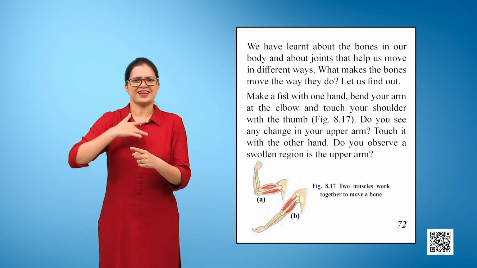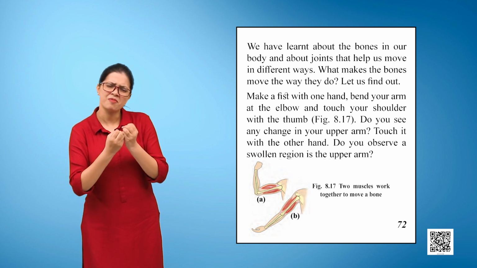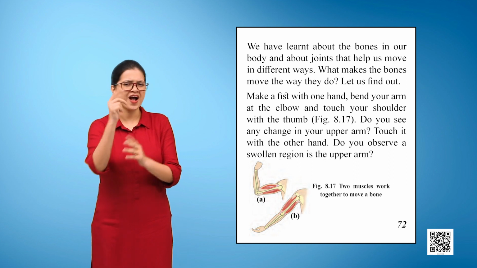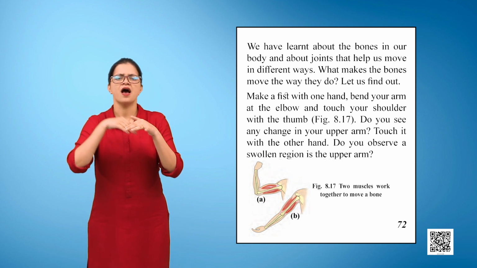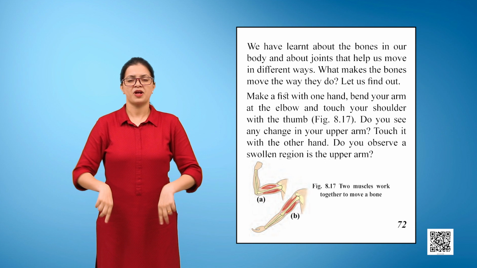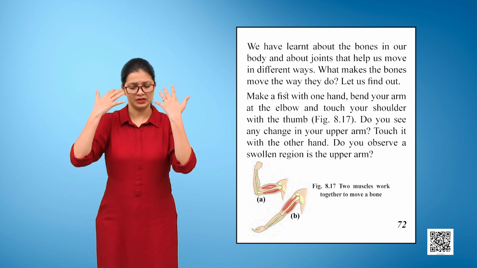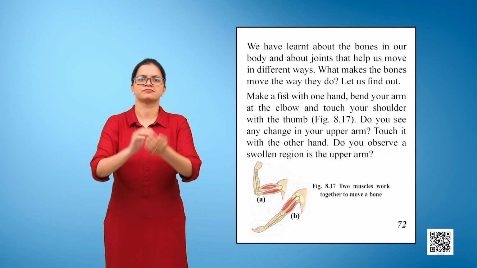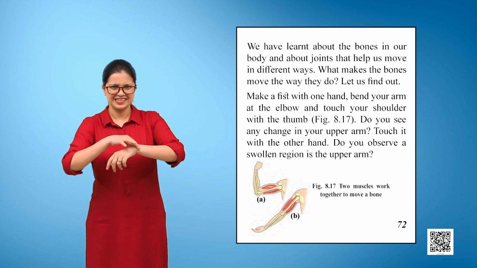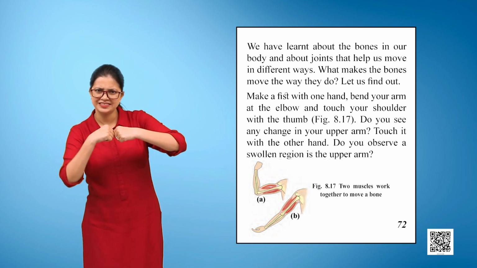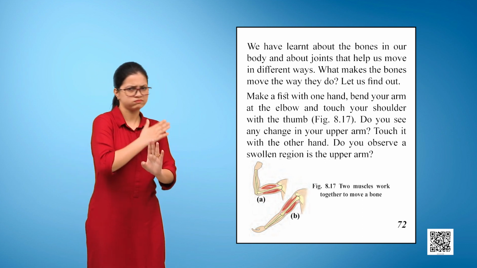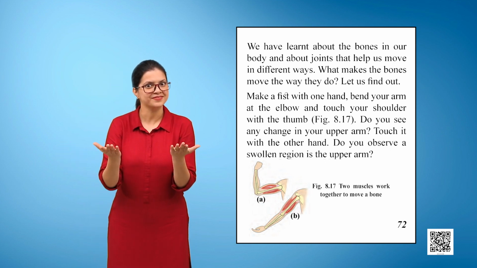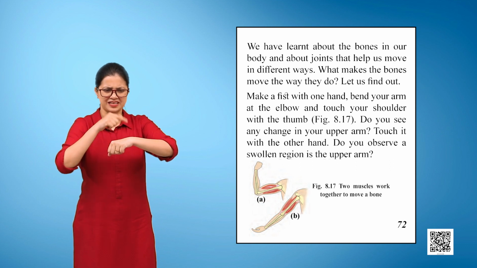We have learnt about the bones in our body and about joints that help us move in different ways. What makes the bones move the way they do? Let us find out.